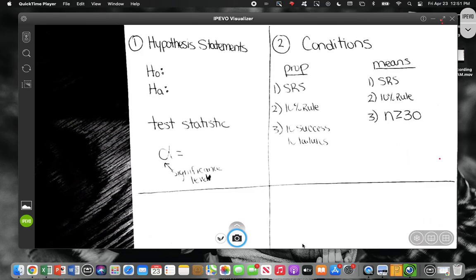So depending on the situation, if it gives you something in percents, you're going to go the proportion route. But if it gives you something like a test score average where it's not a percent, then we go with the mean.